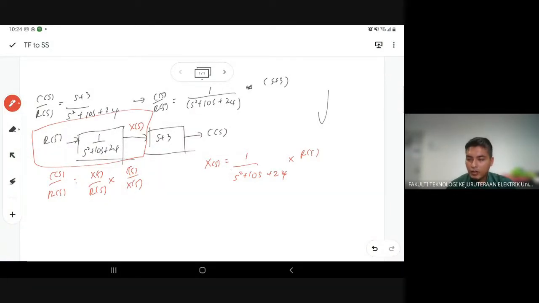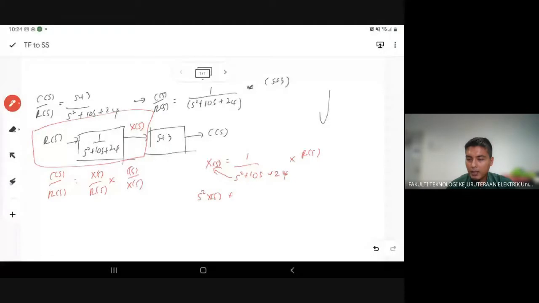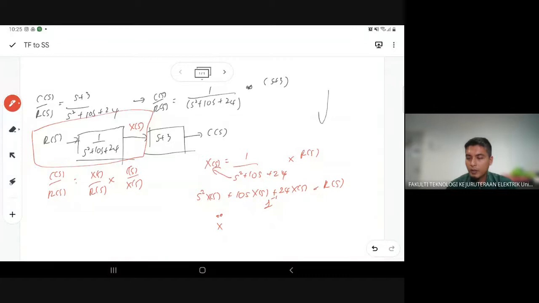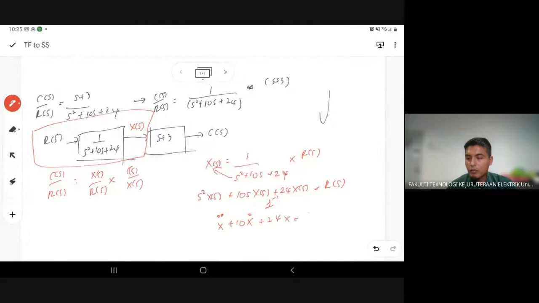And then you just multiply it there, so you can get s square X(s) plus 10s X(s) plus 24 X(s) equal to R(s). And then by inverse Laplace, you can get x double dot plus 10x dot plus 24x equal to r(t) for input, because this is already inverse Laplace.